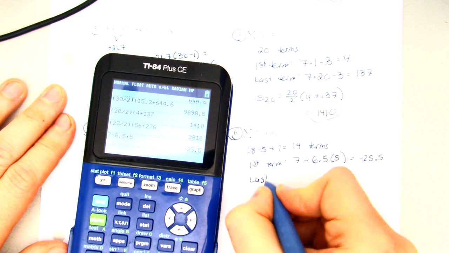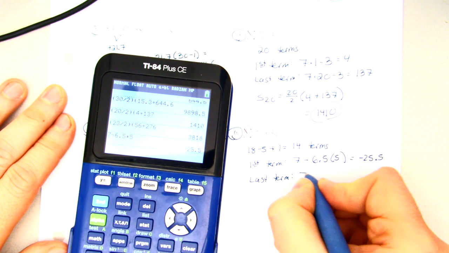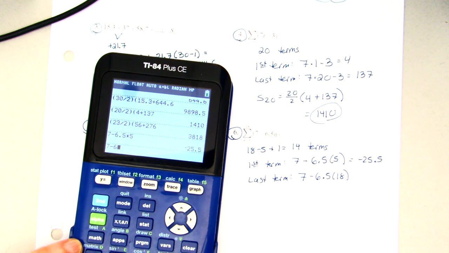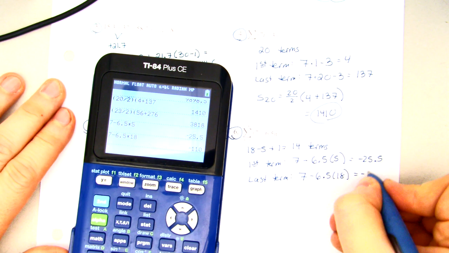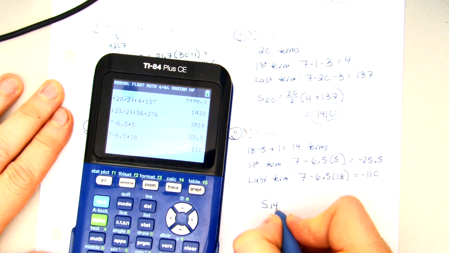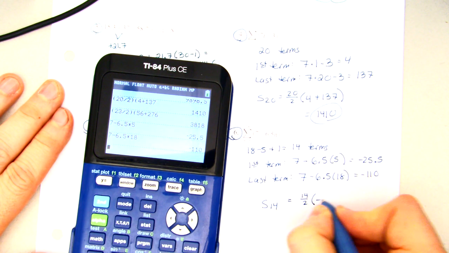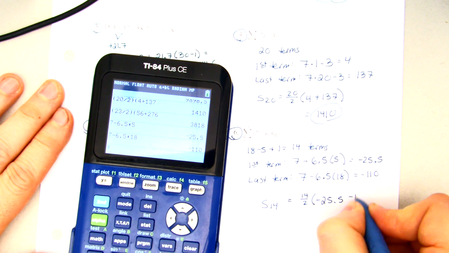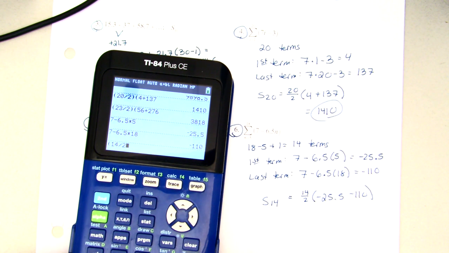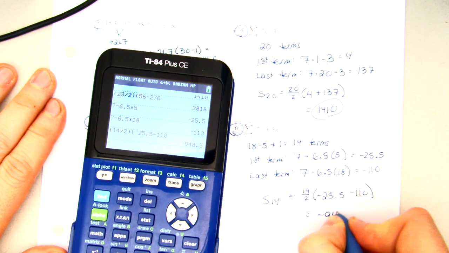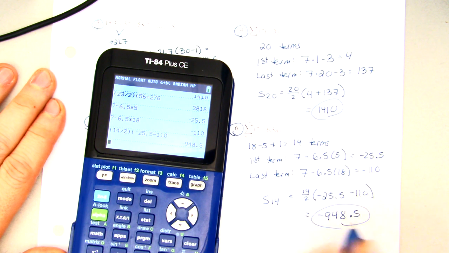Your last term is 7 minus 6.5 times 18, negative 110. So S sub 14 should equal 14 over 2 times negative 25.5 minus 110. That will give you negative 948.5.